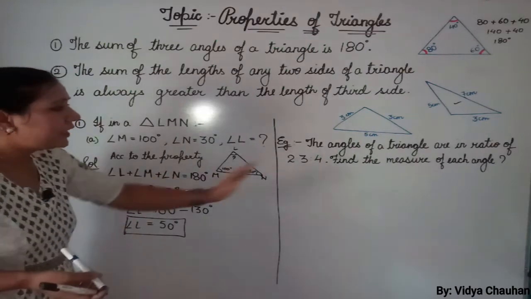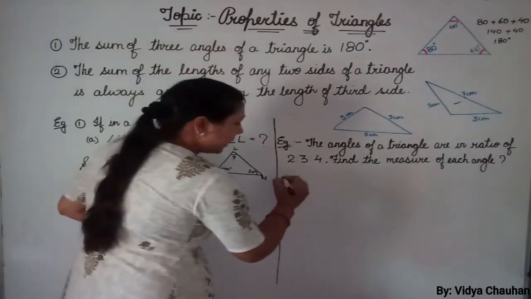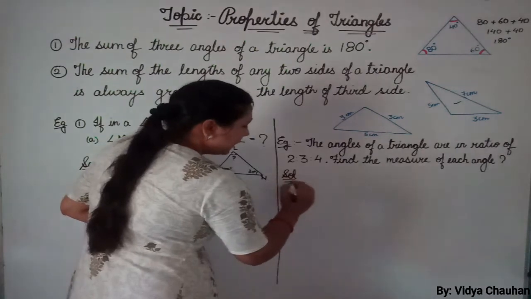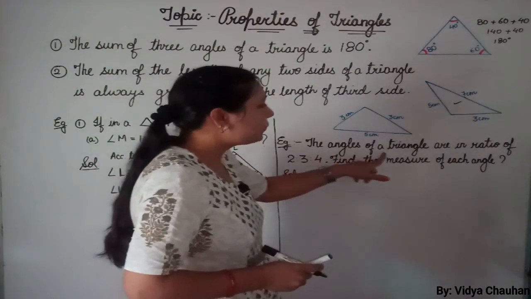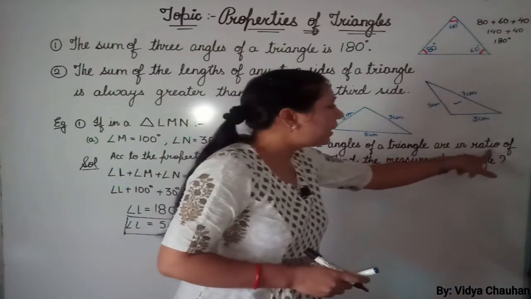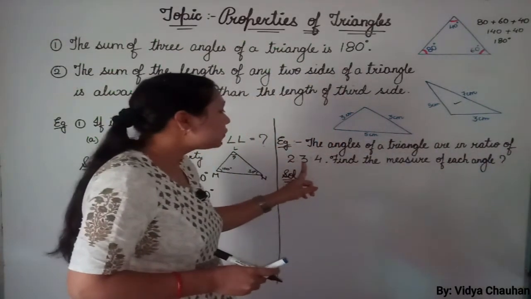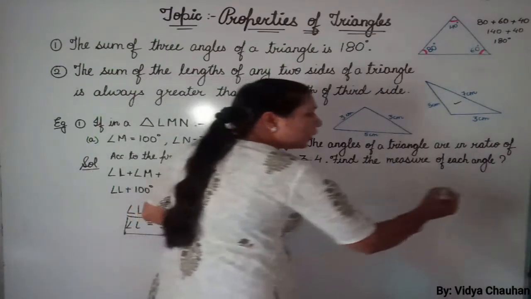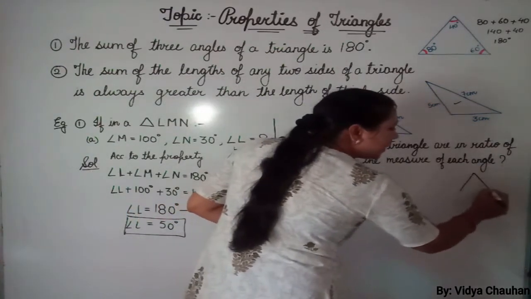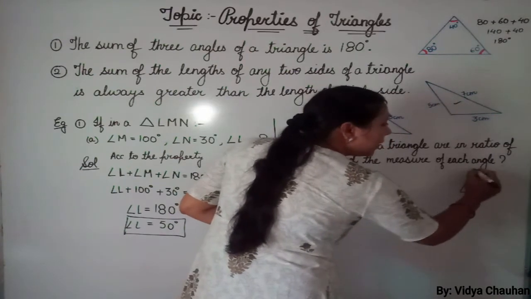Let us take one more example related to the same. And here, let us read the question first. The question says the angles of a triangle are in the ratio of 2:3:4. So there is a triangle whose angles are given in the form of a ratio.